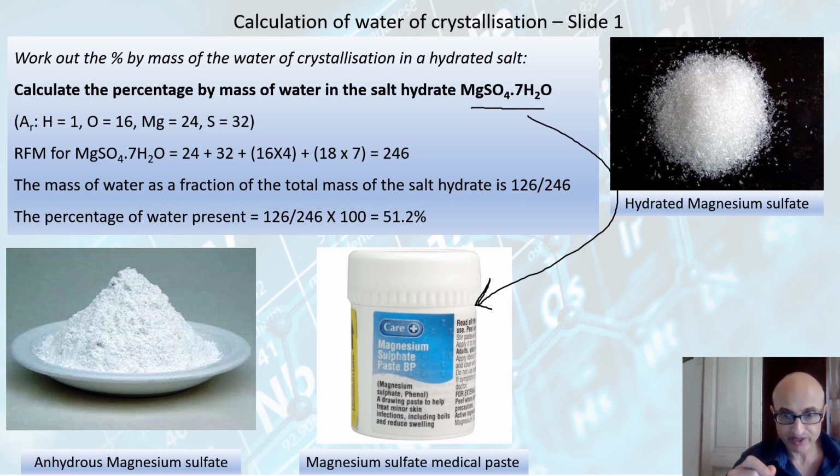Now, if you read the info on the paste, you will see there will also sometimes be an indication of the degree of hydration. It only becomes fully hydrated, which is MgSO4.7H2O, after having absorbed moisture and water content from your inflamed area.